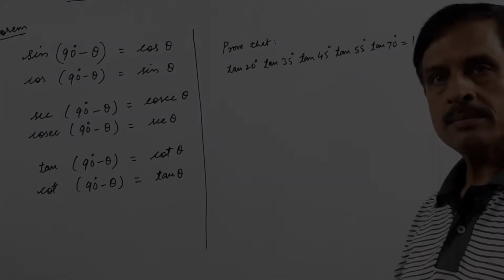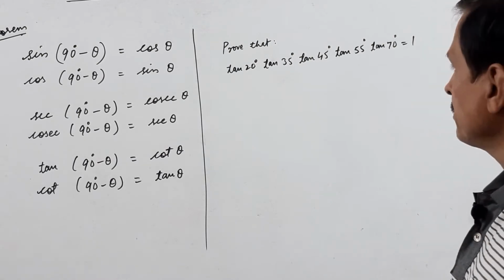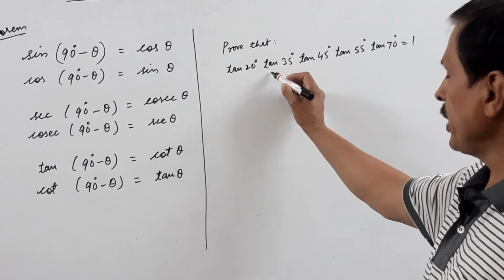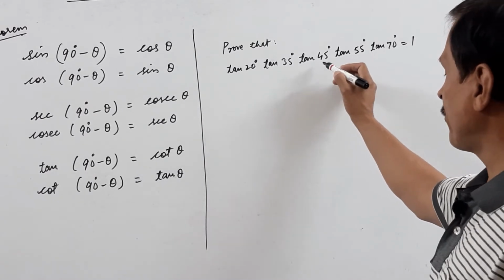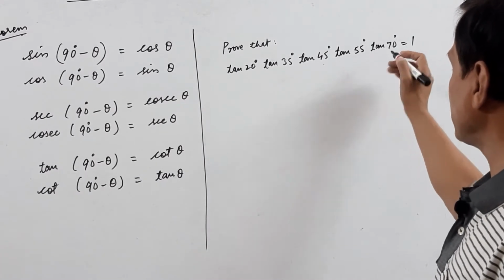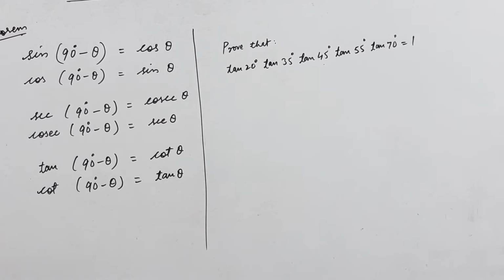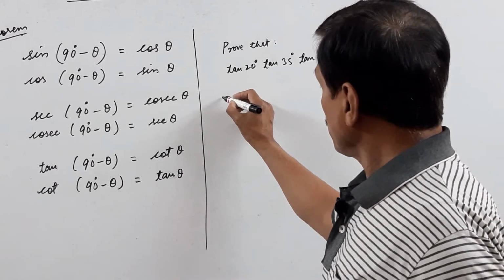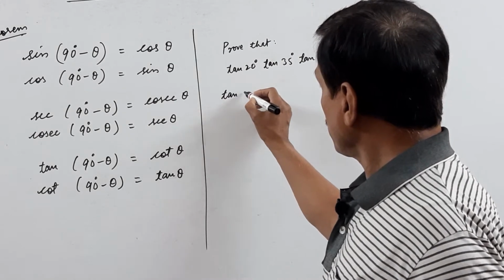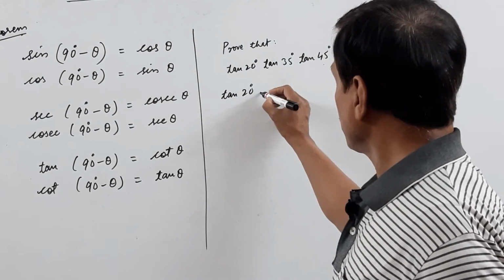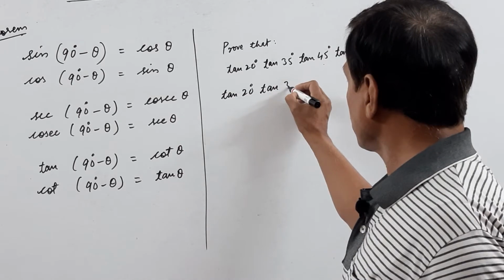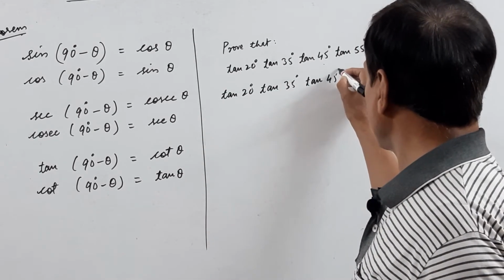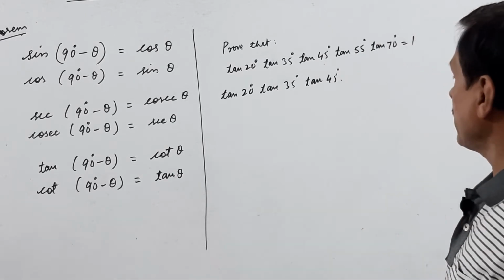In another sum, prove that tan 20 degrees into tan 35 into tan 45 into tan 55 into tan 70 degrees is equal to 1. Tan 20 degrees, tan 35 degrees, tan 45 degrees multiplied.